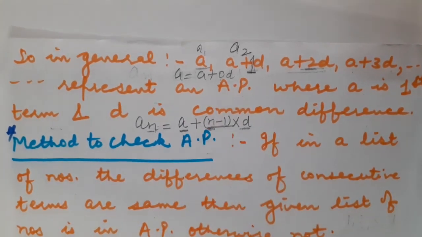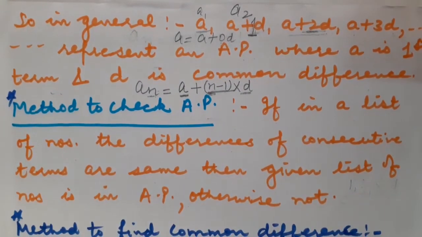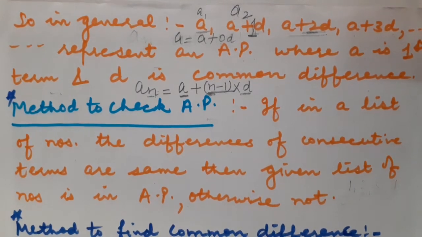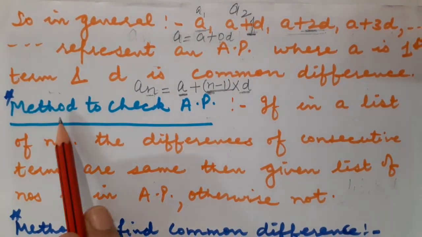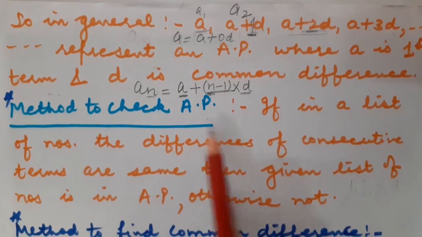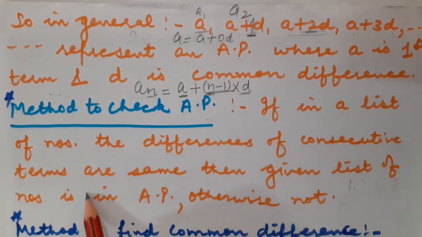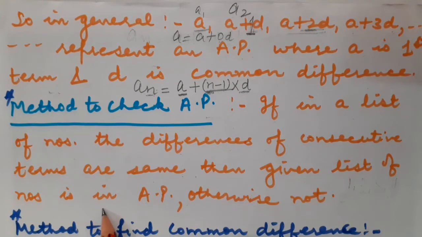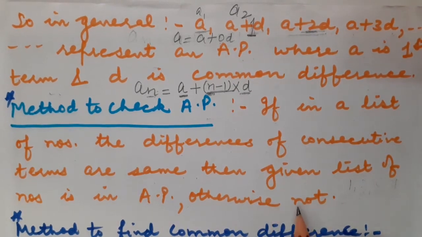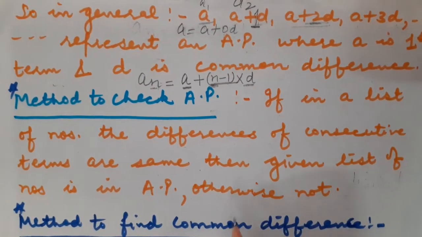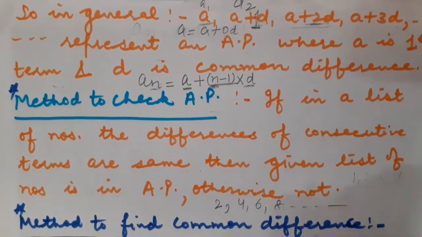Correct, students? Okay. Now, next is how to check whether a given list of numbers is forming an AP or not. This is very simple. If in a list of numbers the differences of the consecutive terms are the same, then the given list of numbers is in AP, otherwise not. For example, 2, 4, 6, 8 and so on.